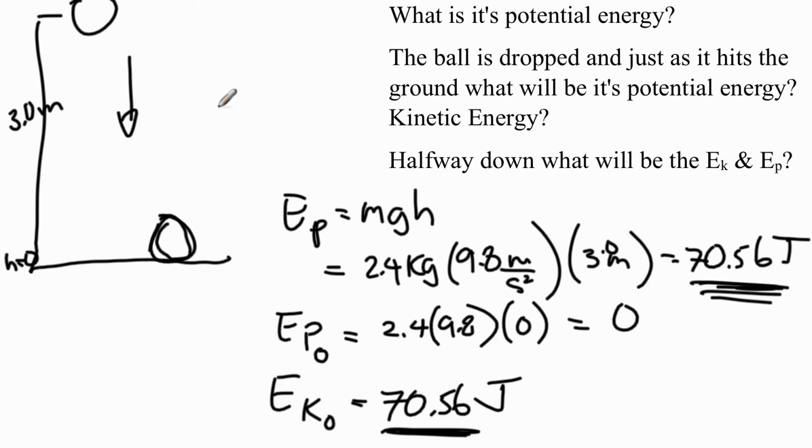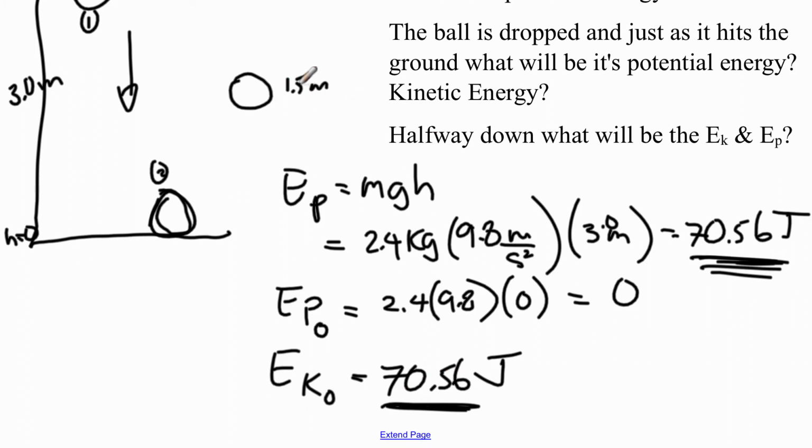Now, they say halfway down, what would be the kinetic energy? That's a good question. So that's the first question. Second question. So the third question, what if the ball's halfway down right there? That would be at 1.5 meters. Well, it follows that if I've gone halfway down, my kinetic energy will be half as much as it was at the top.